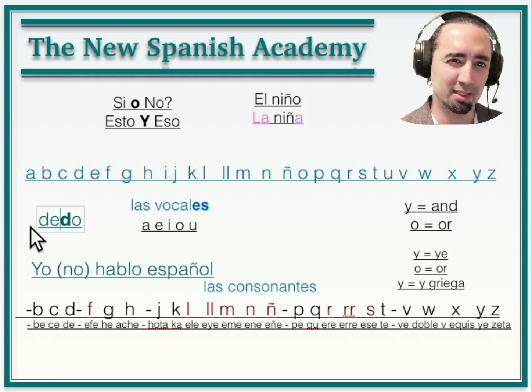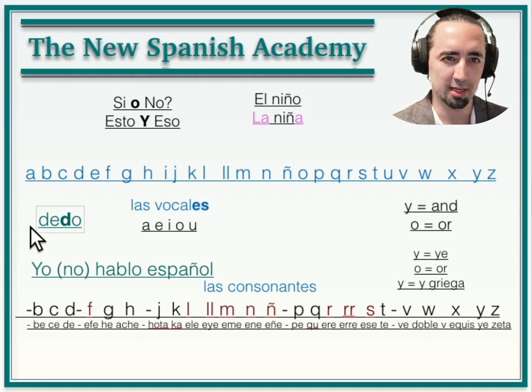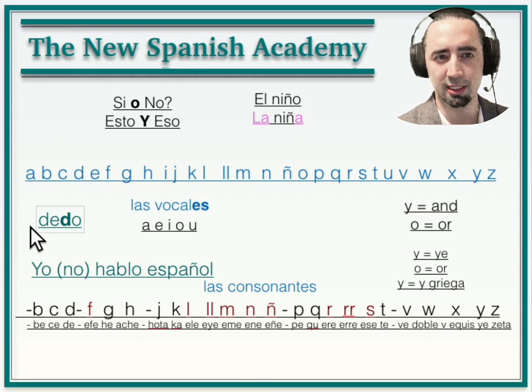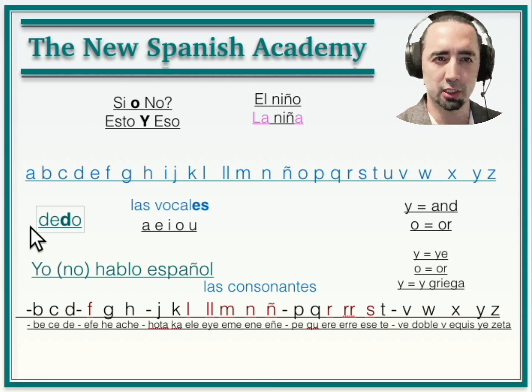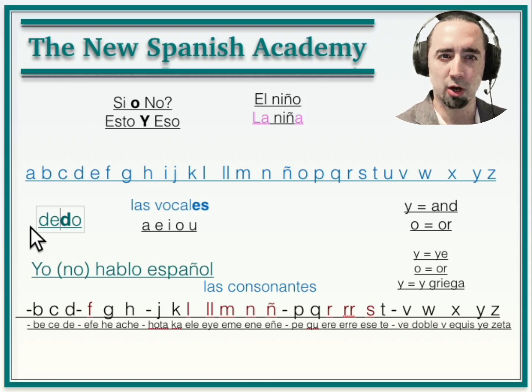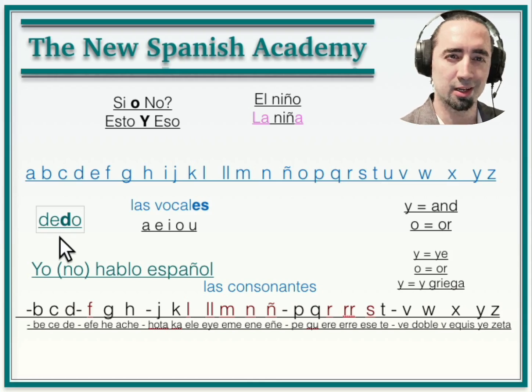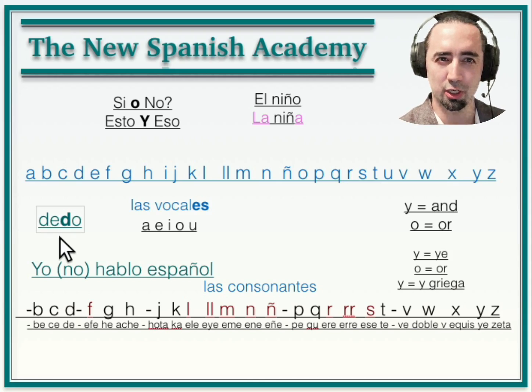Can you say dedo? Yes. But the second D, let's analyze the first D, de. What happens when you say D, de, your tongue touches the lower part of your upper tooth. The teeth. Dedo. Now, the second D, try not to touch your teeth with your tongue.